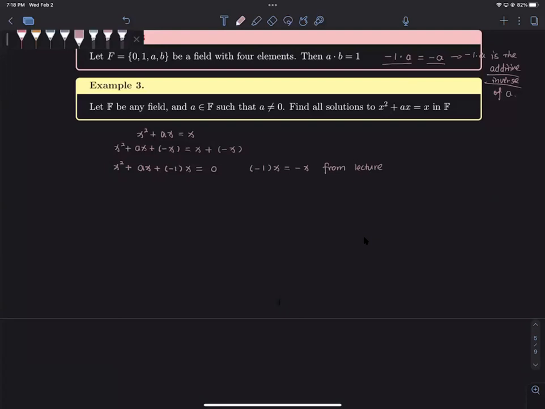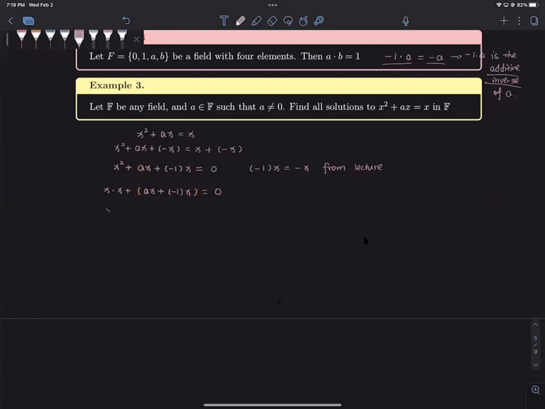Okay, and now I'm going to write this as xx and put this out together so I can factor out. So xx plus ax plus negative 1x equals 0. And this, I can use the distributive property and factor out my x.